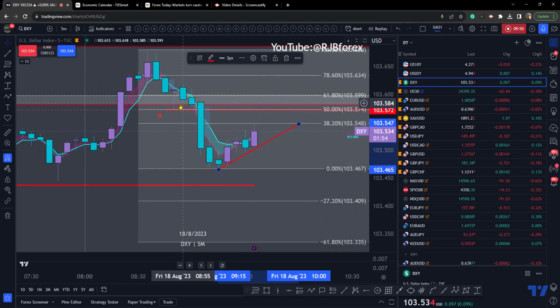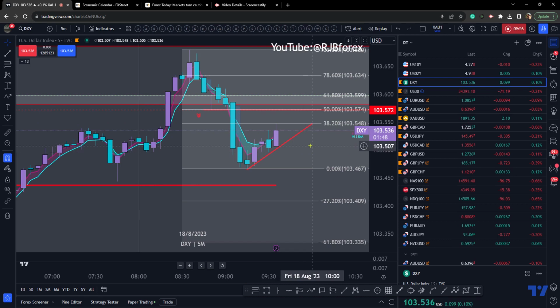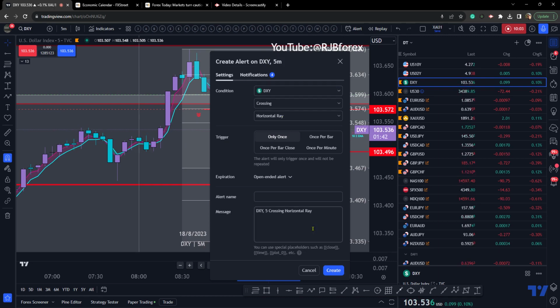We could probably come up to 50%. In any case, we want to see a break of this low on the 5 minute. So let's set an alarm.